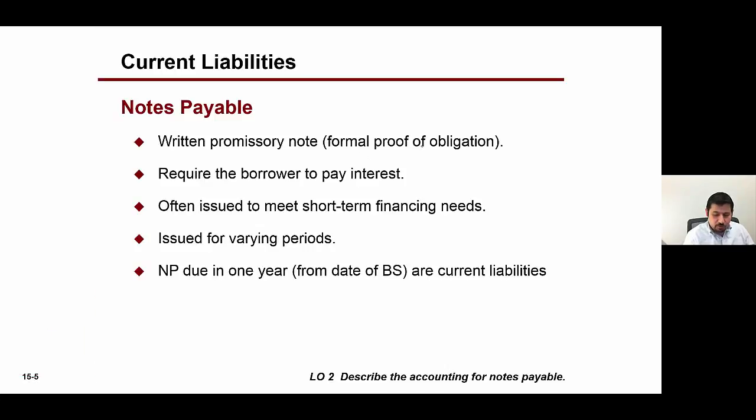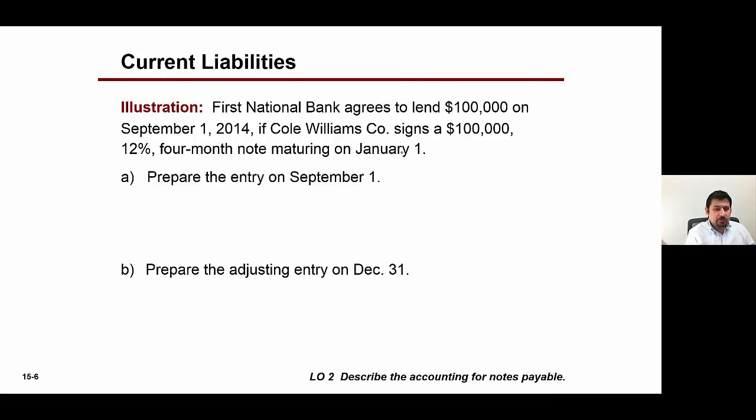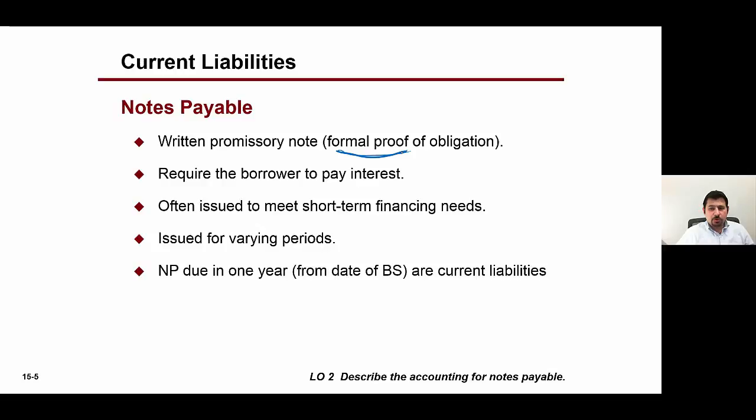Usually the person who is borrowing the money, who is signing this note, promises to pay at maturity. They promise to pay the face value, that's the original borrowed amount, in addition to interest.